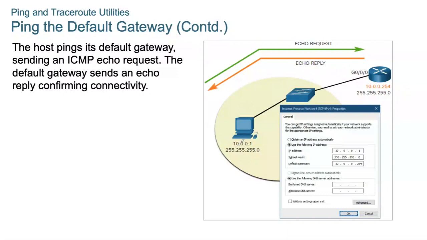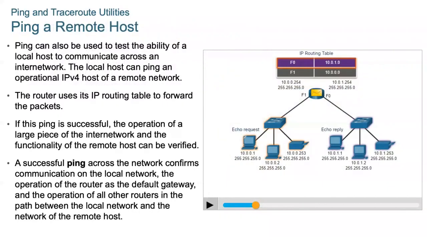So pinging the host, that is pinging your remote host, as just discussed: if H1 wants to communicate with the remote host, then the echo packet goes through your default gateway. From that default gateway it reaches the remote host.